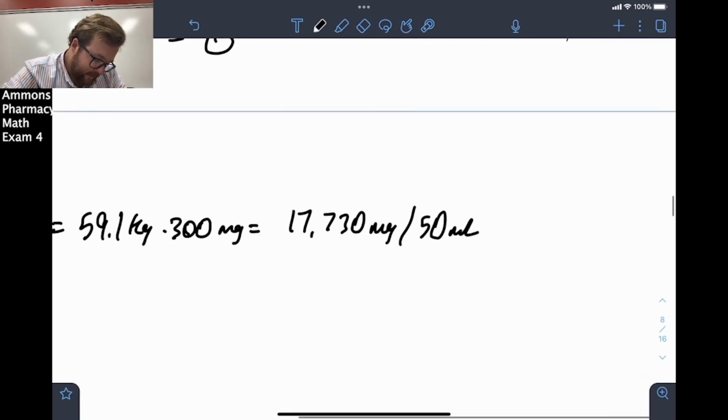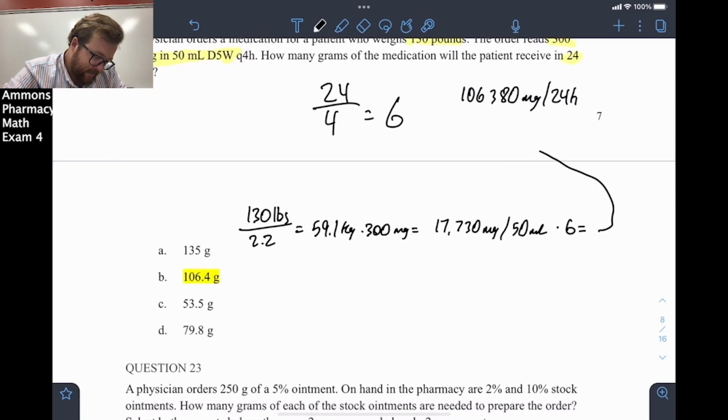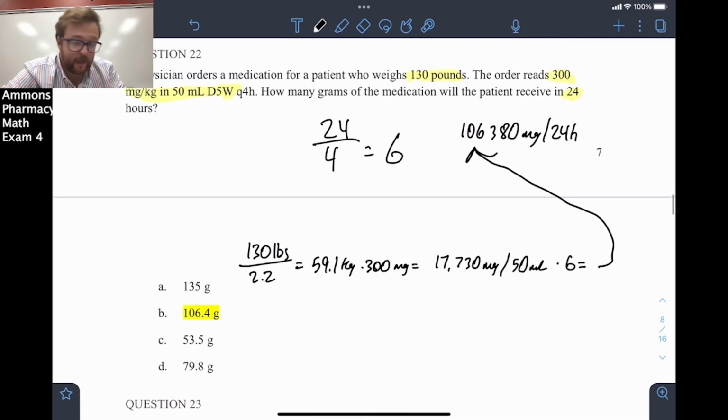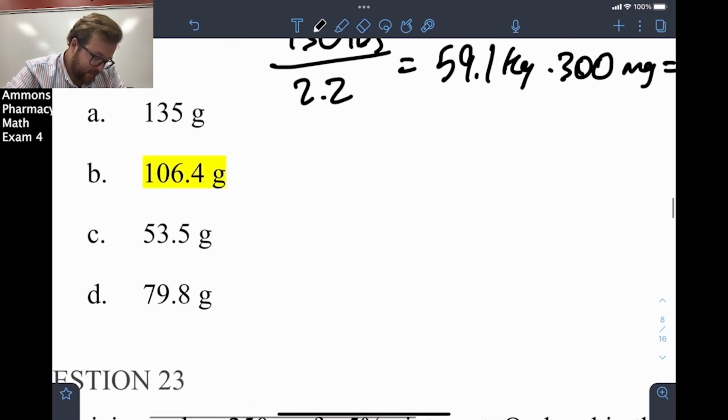Just to be clear, I did this times 6, and I got that. But it's asking for it in grams, and you can probably see that you'll just divide this by 1,000. I'll just write it out.